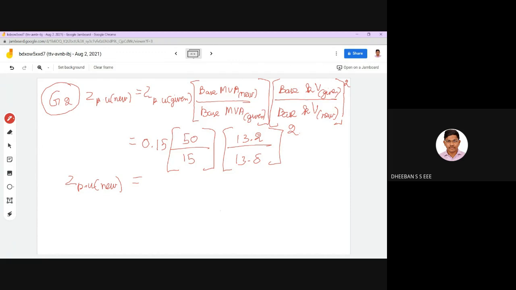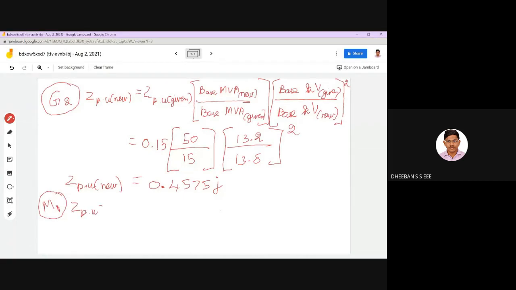What you'll be getting is around 0.4575 j. Okay, it will be 0.4575 j. Next we will be moving to motor 1. For motor 1, again the same formula is applicable.